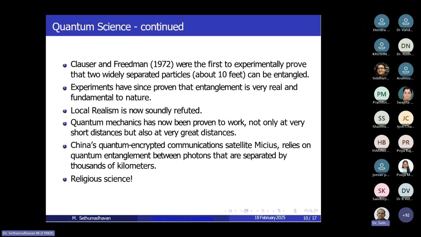When I started understanding all these things, local realism and quantum mechanics, I couldn't understand much. Basically, I don't know. For me, it is like a religious science. If you look at the internet, you can see what exactly religious science is. Like physics and metaphysics joining together, no idea.